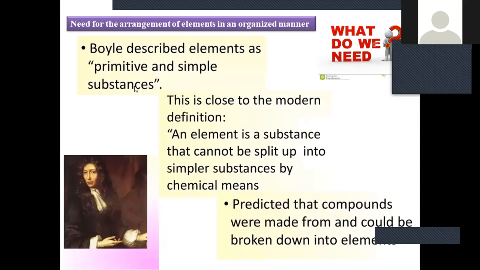And Boyle described the element as a primitive and simple substance. These are the tiniest and simplest particles. So the terminology called element was given by Robert Boyle. This is close to the modern definition: an element is a substance that cannot be split up into simpler substances by chemical means.